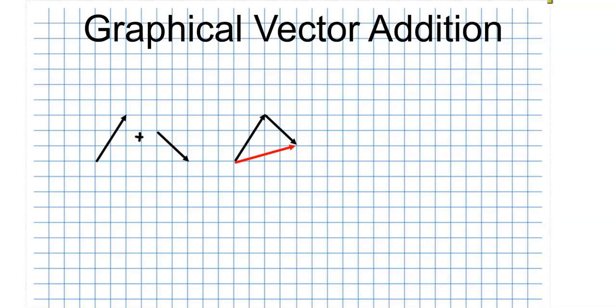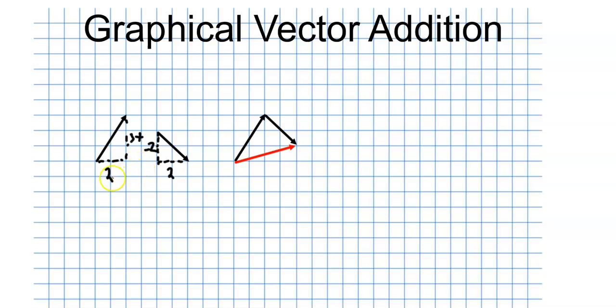Now, if we trace along this, this is going to give us the same answer as finding the components, because you might notice that if we did the components of these two vectors, the x component here is 2, the y component is 3. For this vector, the x component is 2, the y component is negative 2.